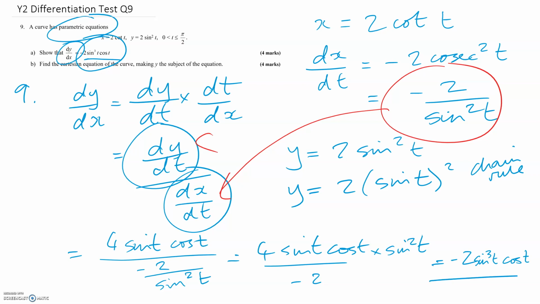On part B, we've got to go from the parametric equations to the Cartesian equation. In other words, we need to get rid of t and just have an equation with y's and x's in it, and then we need to get y on its own. So it's not immediately obvious how to do this.